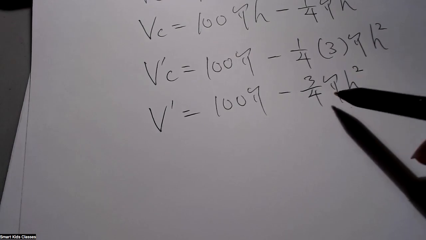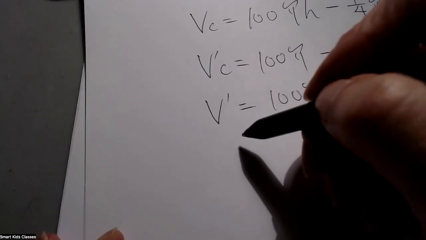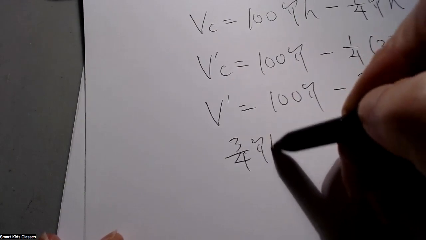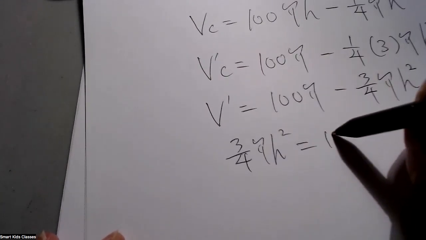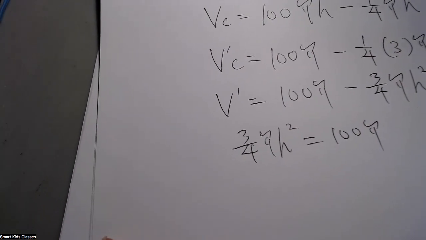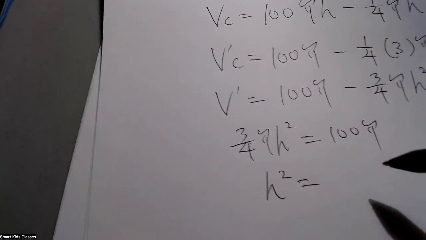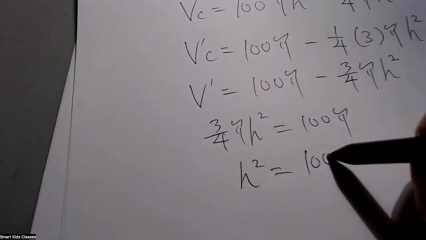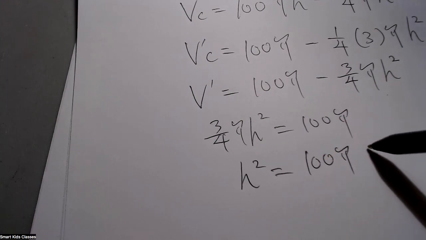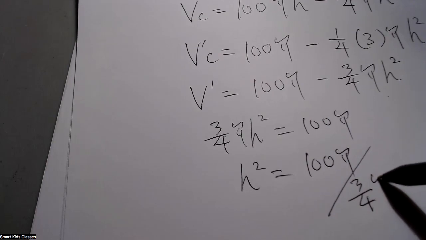We move this to the other side, so it will be 3 over 4 pi h squared equals 100 pi. To solve, h squared equals 100 pi divided by 3 pi over 4.